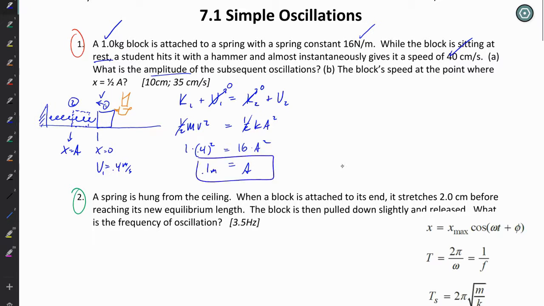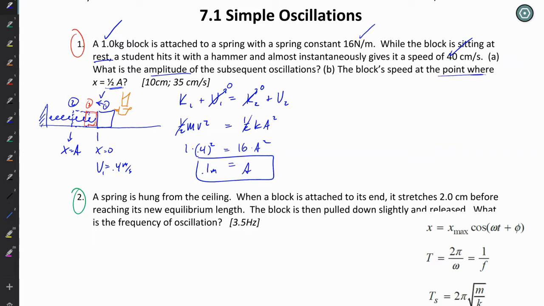All right, so what's the block's speed at the point where the displacement is half of the amplitude? That's some spot in between here, which I'm going to draw in red. I'm going to call that location 3. At that point, the spring is partly compressed, but the block is still moving.